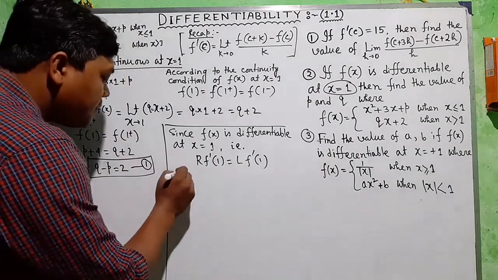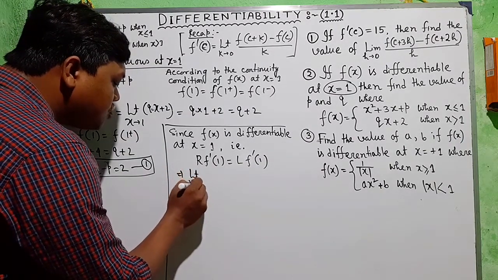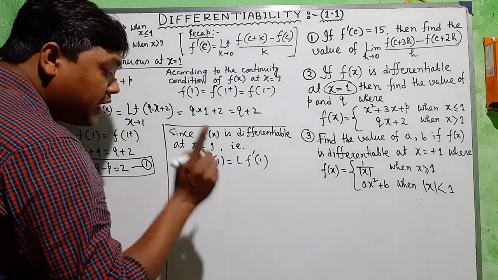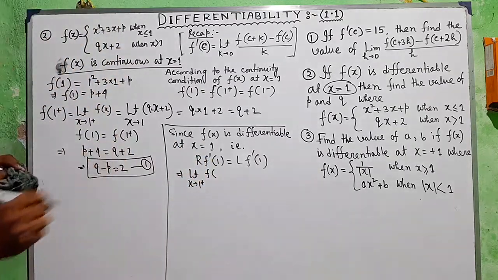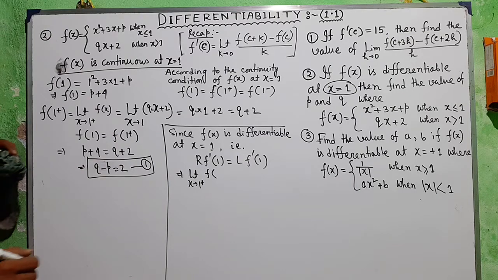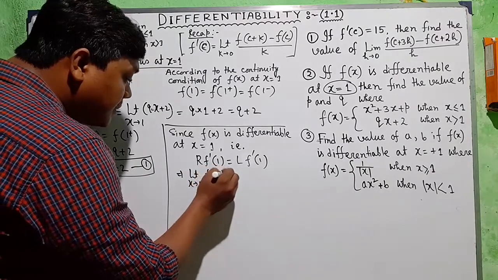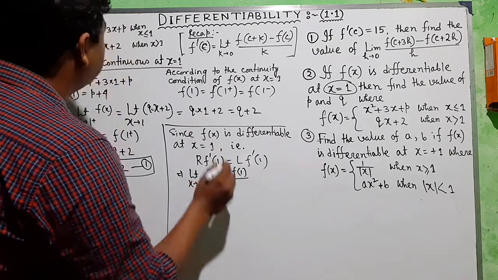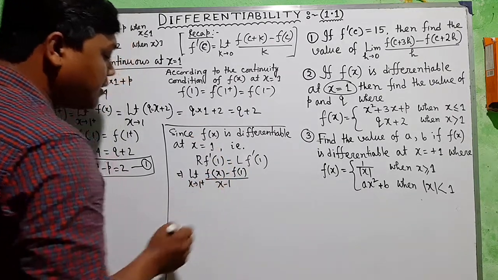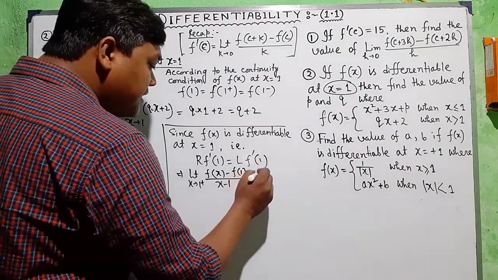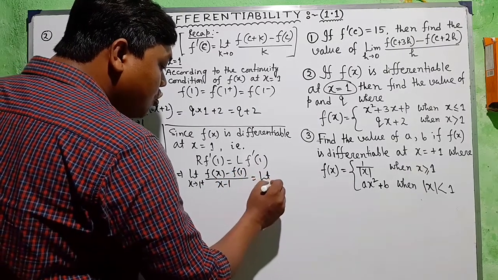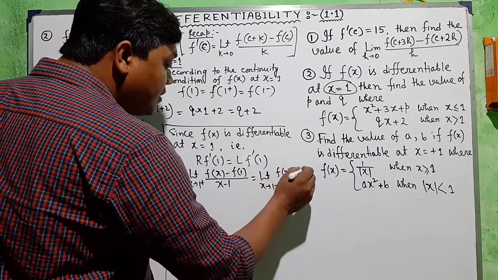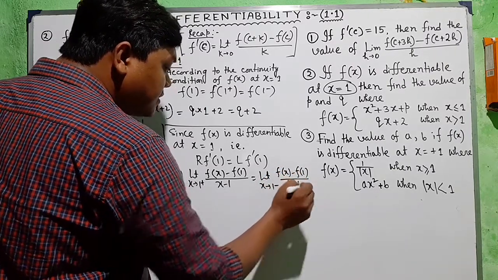So the right derivative f'(1) by definition is limit x tends to 1 plus (f(x) minus f(1)) by (x minus 1), and the left derivative is limit x tends to 1 minus (f(x) minus f(1)) by (x minus 1).